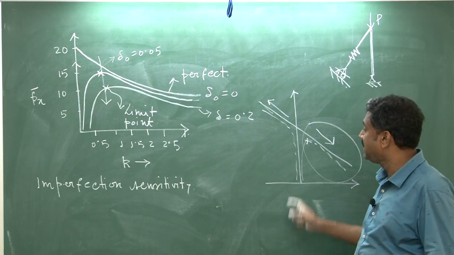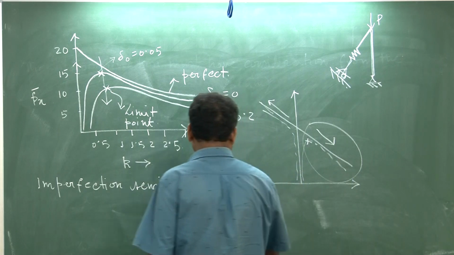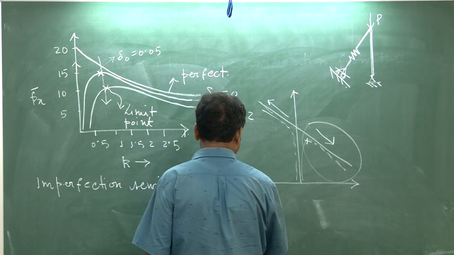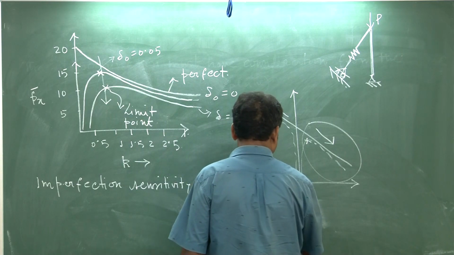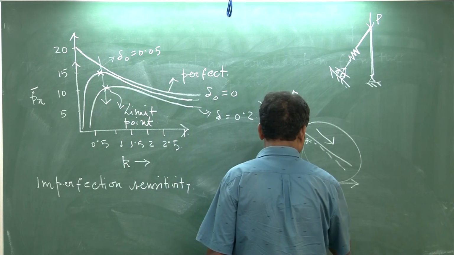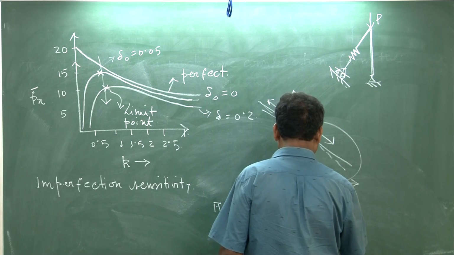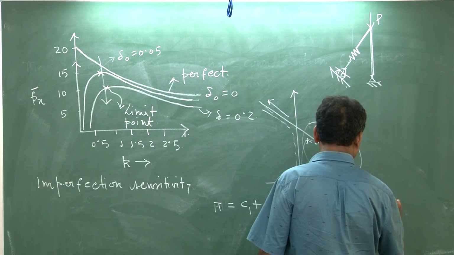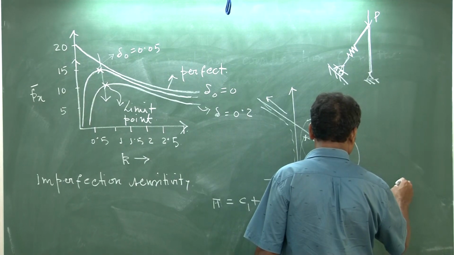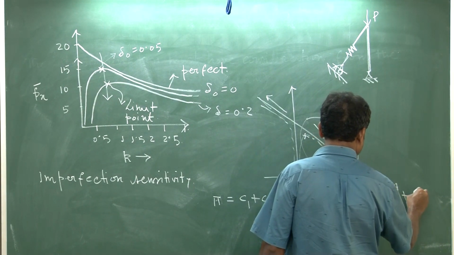Another interesting thing here: you can see the potential energy function we have written in terms of C1, C2 Q, C3 Q square, plus C4 Q plus C5 Q to the power 4, something like this.